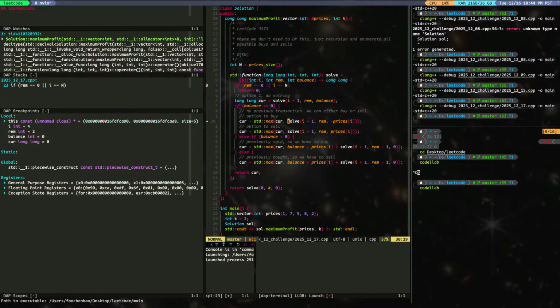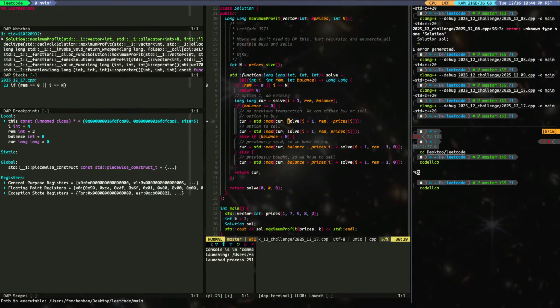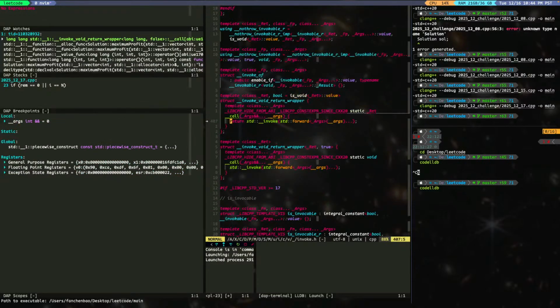The next one, current, I think it's still going to be 0, yeah, still 0. So return 0.